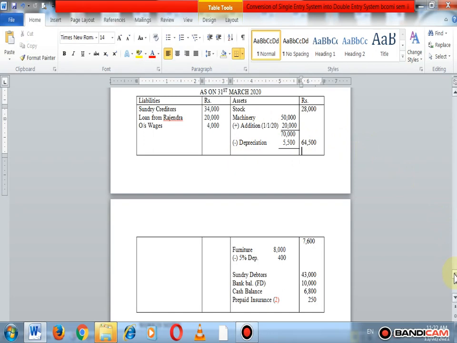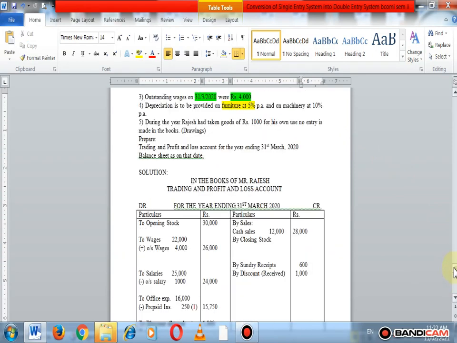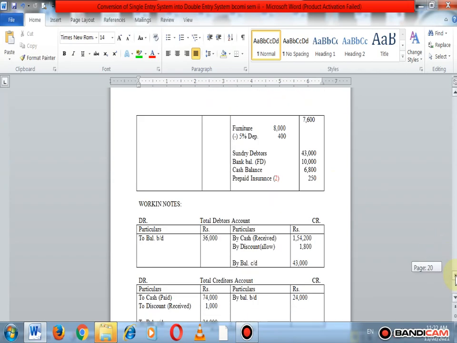Okay, then next adjustment is the goods withdrawn from business by Mr. Rajesh amounted to rupees 1,000, and it is also a drawing, and drawing is deducted from capital. So we need to find out an opening capital.